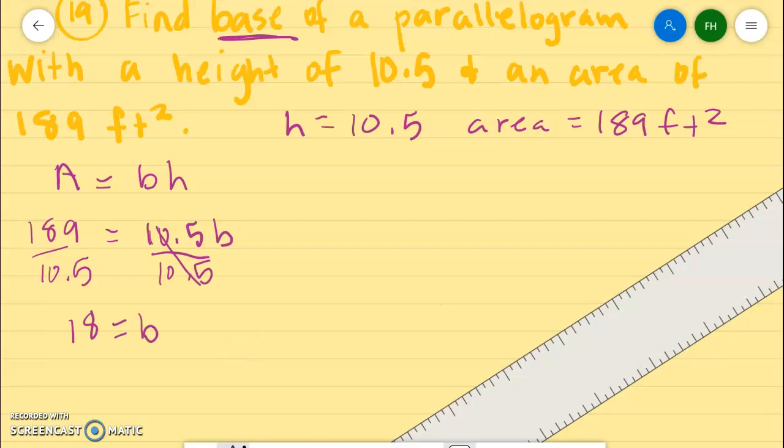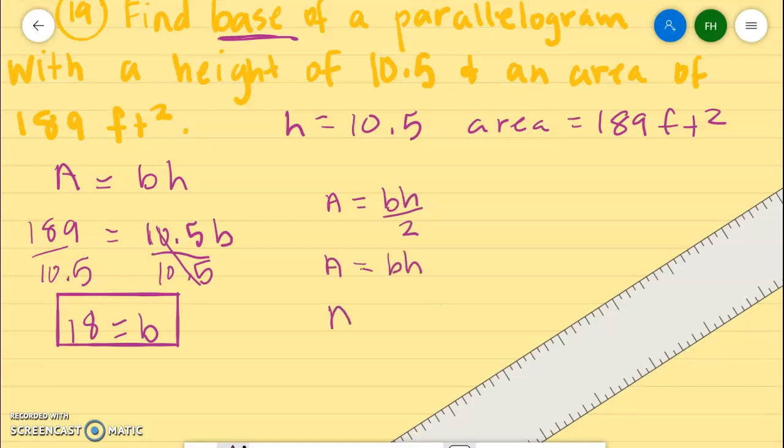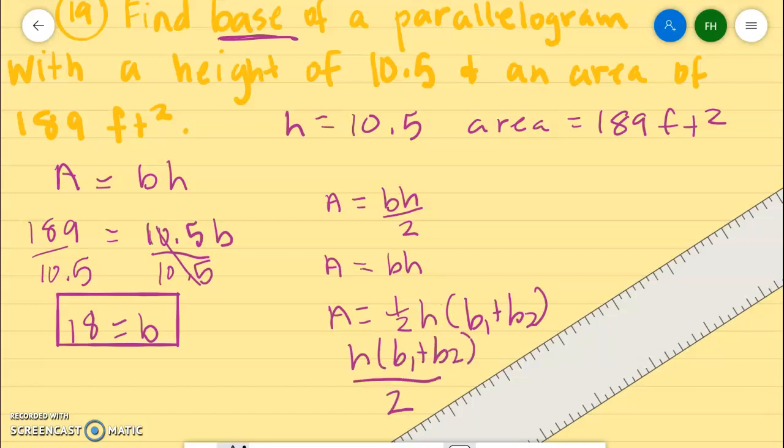So it's really important that you keep your formulas straight. Remember, the formula for a triangle is base times height divided by 2. The formula for the area of a parallelogram is base times height. The formula for the area of a trapezoid is 1/2 height times base 1 plus base 2, or height times base 1 plus base 2 divided by 2.